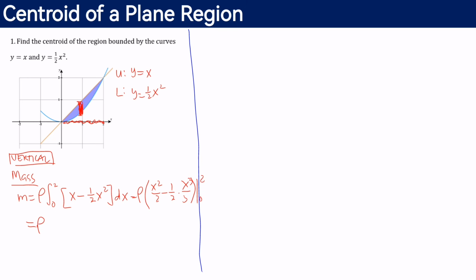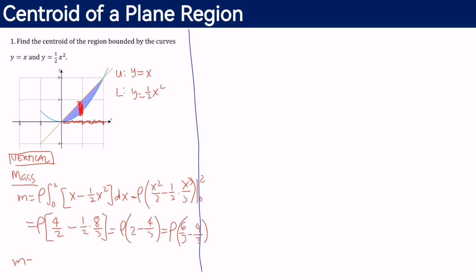Substituting, we have here rho. When x is 2, we have 4 over 2 minus 1/2 times 8/3. So I have here rho times 2 minus 4/3. So I have rho times 6 over 3 minus 4 over 3.